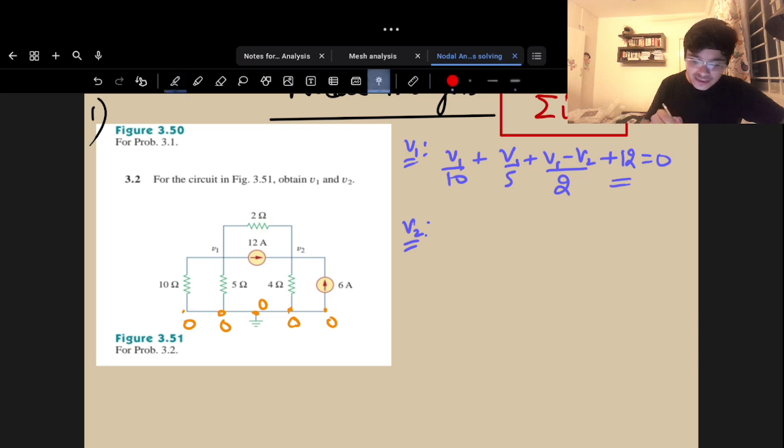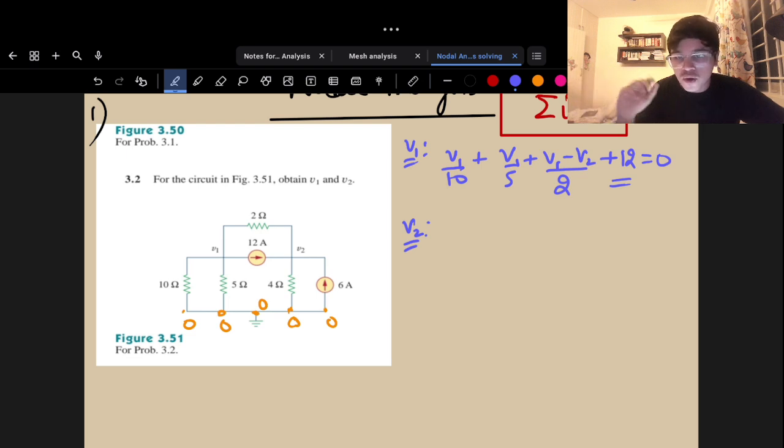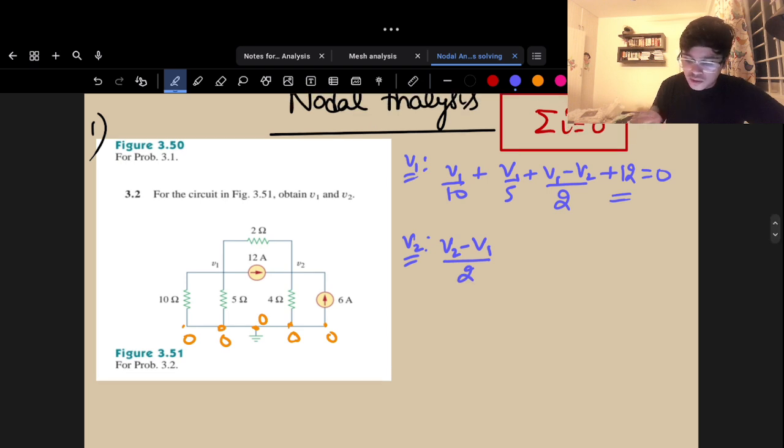All right. And for V2, like I said, I already know the two particular currents that are entering it, right? So the assumption is valid that for whatever node I'm writing the KCL equation for, we are assuming it to be at higher polarity. So V2 minus V1 by 2, right?